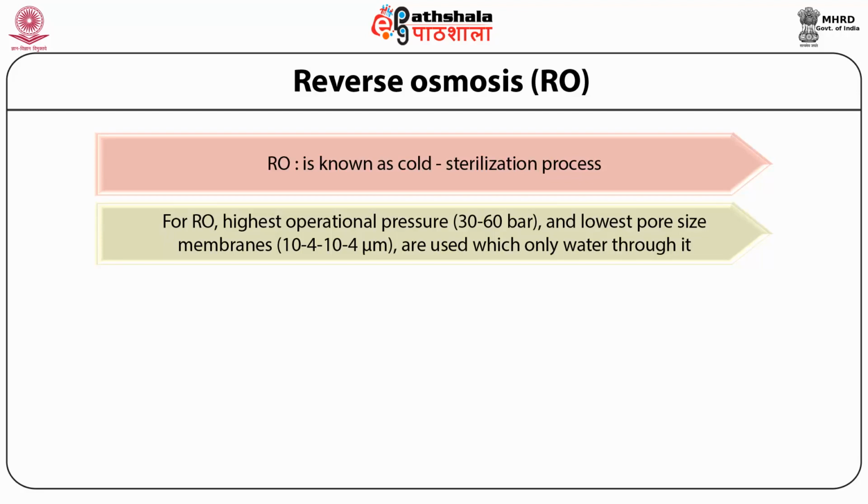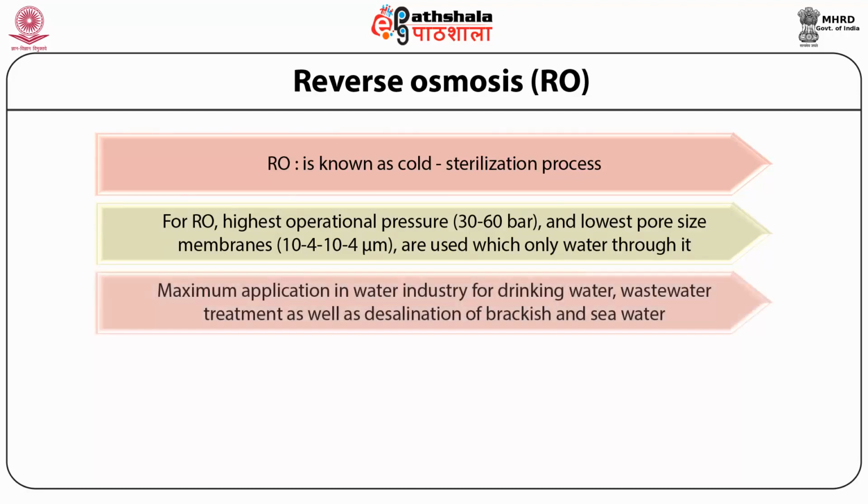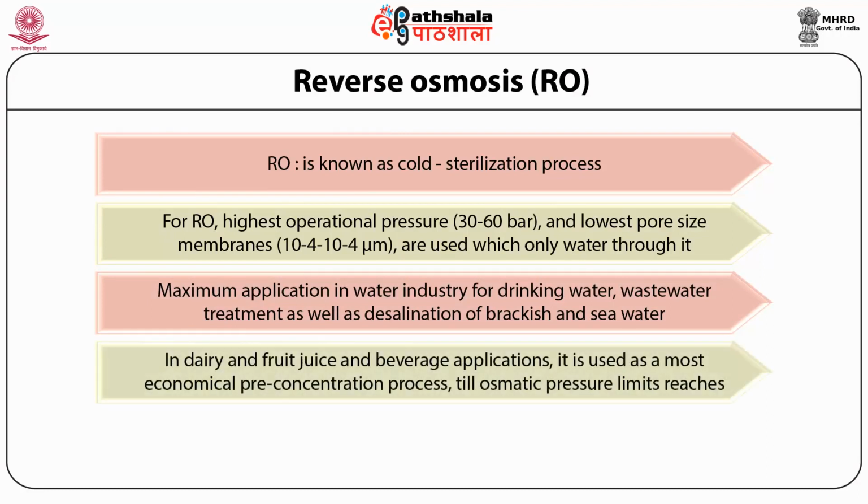Only water can pass through the RO membrane. The RO process is most widely used in the water industry for drinking water, wastewater treatment, as well as desalination of brackish water and seawater. In dairy, fruit juice and beverage applications, it is used as the most economical pre-concentration process until the osmotic pressure limit is reached, which mainly depends on the osmotic pressure of the feed component. Further concentration of the feed beyond this limit in RO makes the process uneconomical.